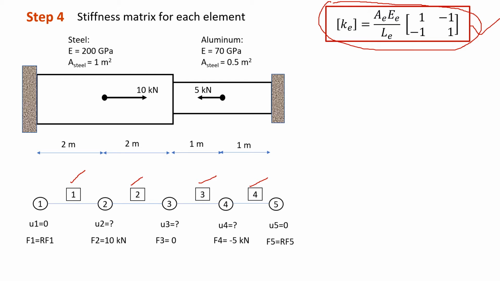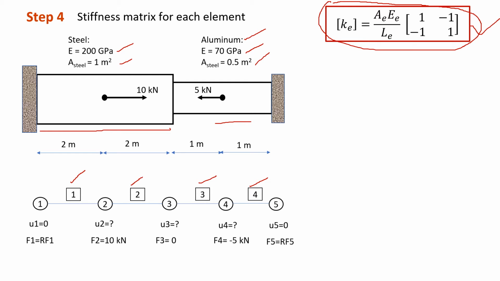So let's say this bar is made from steel with 200 gigapascal, the modulus of Young, and the cross-sectional area is 1 meter square. While the second bar is made from aluminium with the modulus of elasticity, or modulus of Young, 70 gigapascal, and the cross-sectional area is 0.5 meter square.